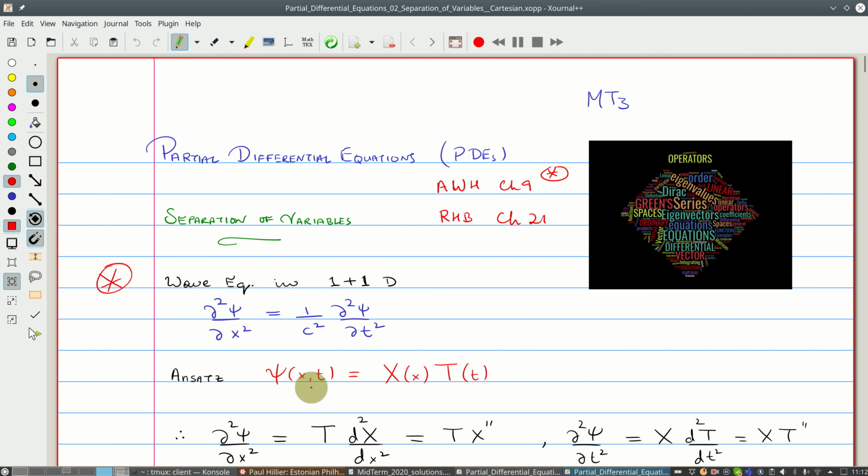So the ansatz is that our function psi, which describes the displacement at a point x at a time t, that's what it means. Just to remind you again, let's draw an axis here.